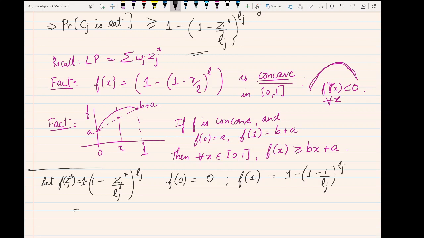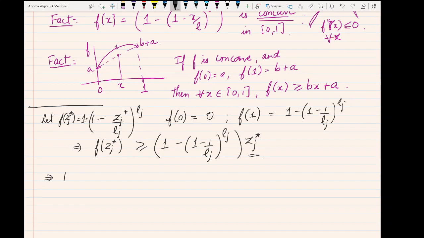This implies that f of zj star for an intermediate point is greater than or equal to that value times zj star. Okay, so what I've managed to do using concavity of the function f is to pull the zj star outside this bracket over here.